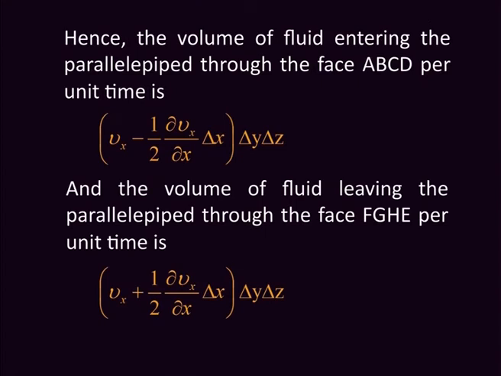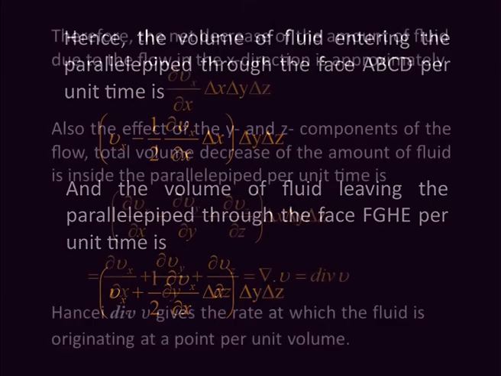Hence, the volume of the fluid entering the parallelepiped through the face ABCD per unit time is (Vx minus half ∂Vx/∂x δx) multiplied by δy δz, and the volume of the fluid leaving the parallelepiped through the face FGHE per unit time is (Vx plus half ∂Vx/∂x δx) multiplied by δy δz.